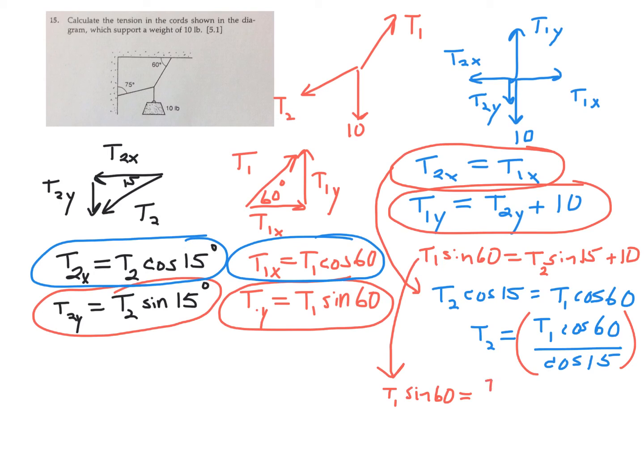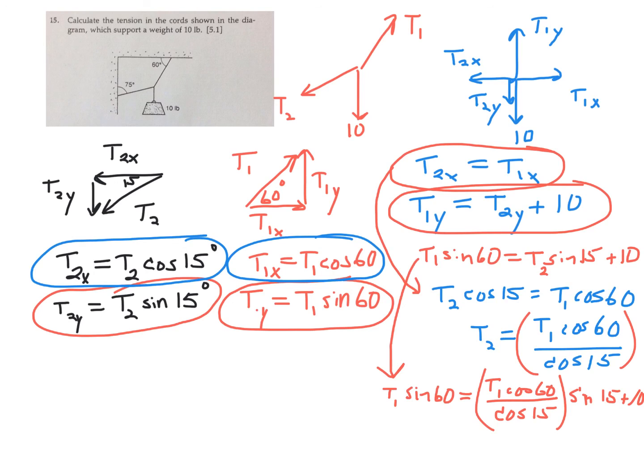In other words, T sub 1 cosine of 60 over cosine of 15. That's what I'm substituting in for T sub 2, times the sine of 15, plus the 10. Sorry, I'm getting off the screen there. So that says T sub 1 sine of 60 equals T sub 1 cosine 60 over cosine of 15, times the sine of 15, plus 10. So now I have an equation with only one unknown.